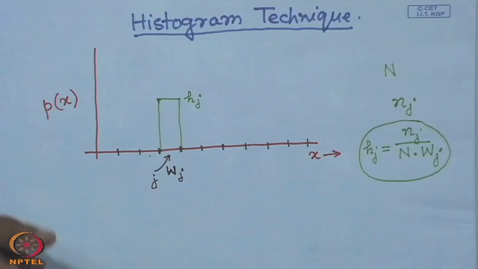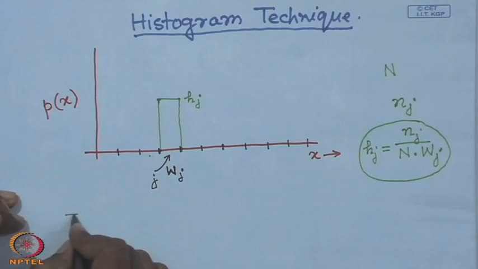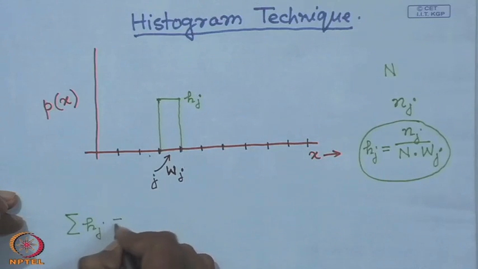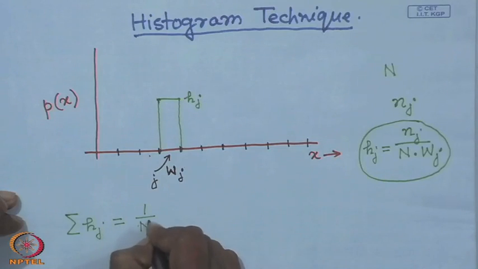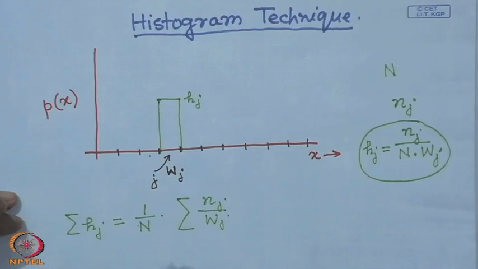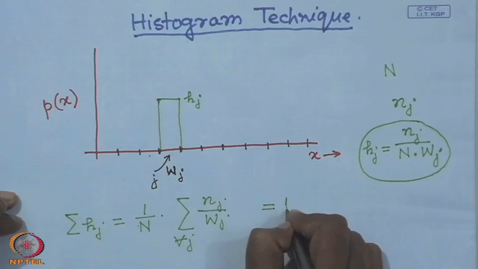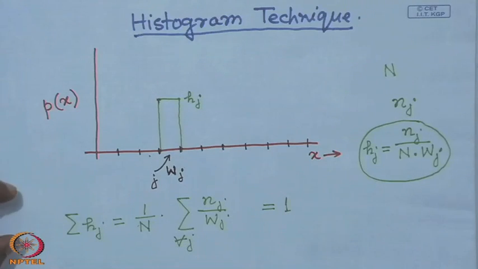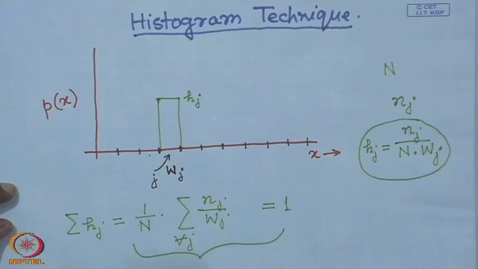Or in other words, I must have the sum of h j, which is nothing but 1 upon N into the sum of n j by w j for all j, equal to 1. And you find that if I compute this h j in this form, this condition will always be satisfied.